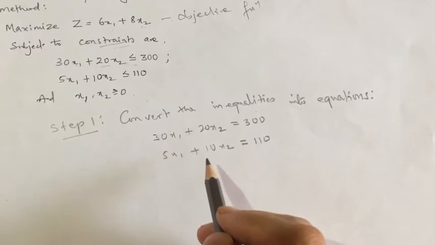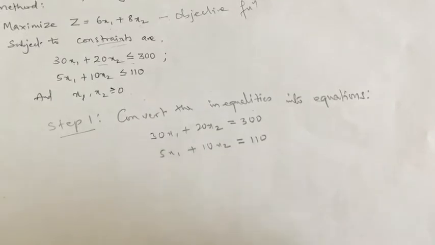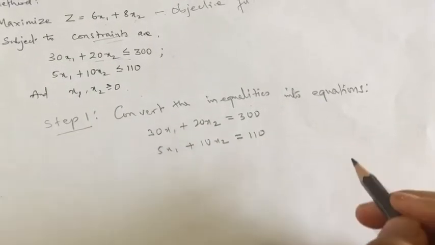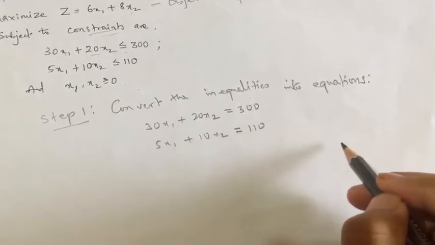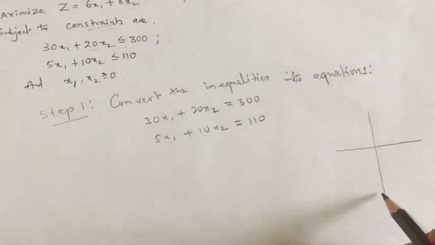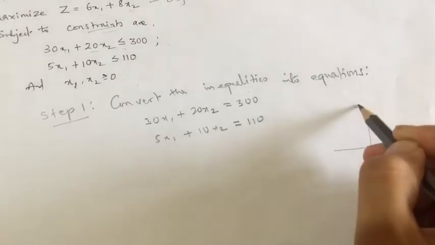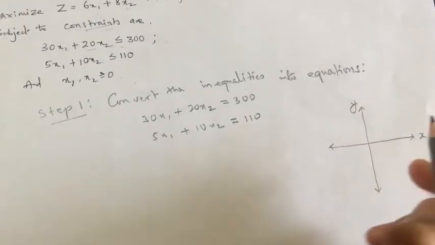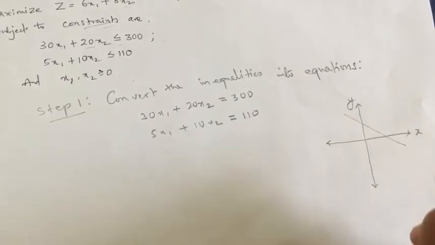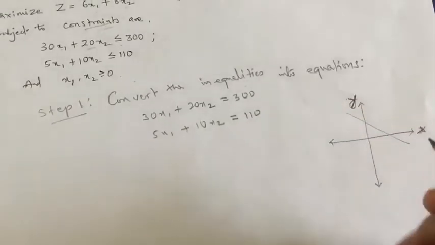So I'm going to convert these into double intercept form. I think you know the double intercept form of a straight line. These are the two axes, the x-axis and the y-axis.